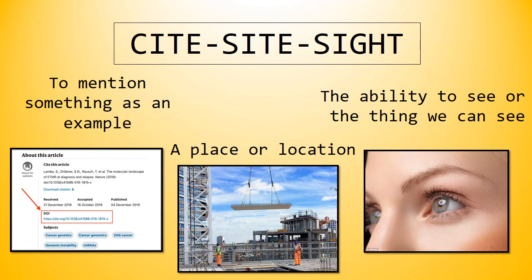My sight is failing and I can't see to read anymore. So this was all about sight. Hope you have understood the difference between CITE, SITE and SIGHT. It is a very important homophone. Please make a note of all these meanings and remember them.